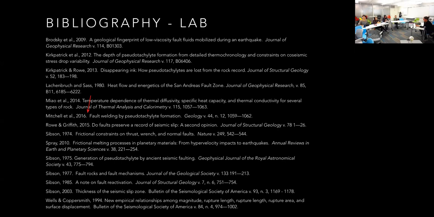Spray 2010, which tells you the melting temperatures at shock conditions. All the Simpson papers, which everyone should read. And other things are just sources that I used putting together the problem set. So I think there's really only three or maybe four papers, and you might have to reference a figure or a table in each of those papers to do it.